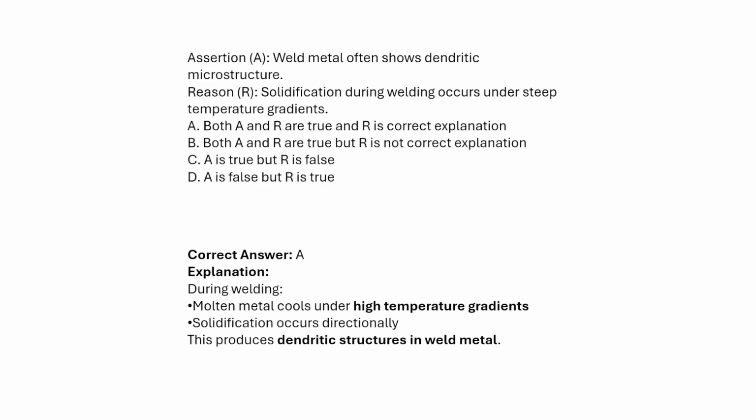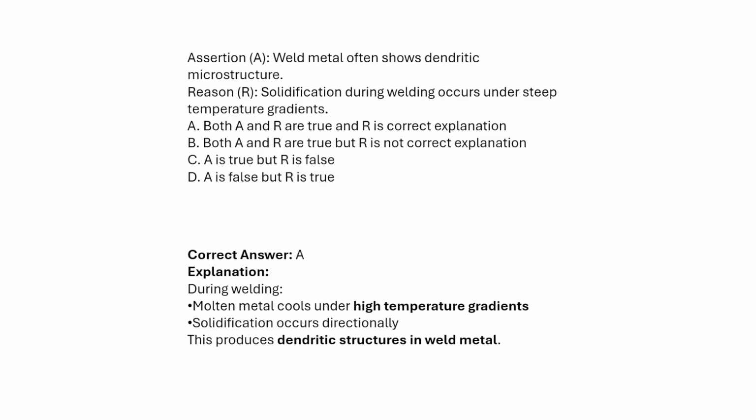Next, weld metal often shows a dendritic microstructure. The reason is that solidification during welding occurs under a steep temperature gradient. Options: A, both assertion A and reason R are true and R is the correct explanation.